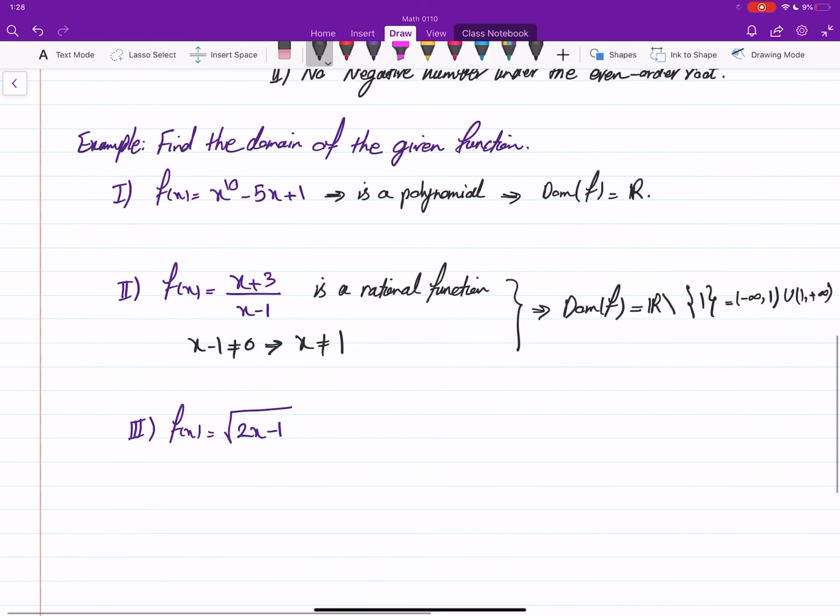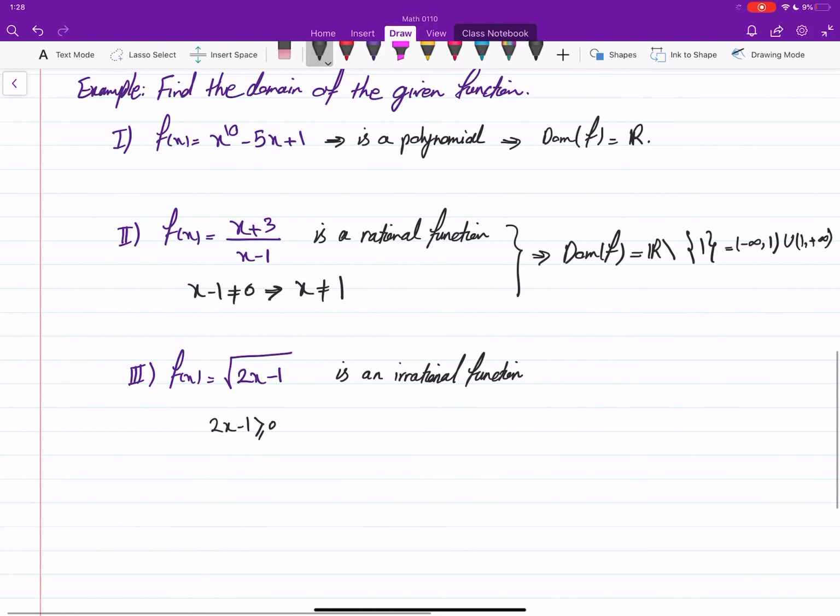The third example is an irrational function. We know that for the irrational function, we have to make sure that the expression under the root is not negative. To solve an inequality like that, to have a very consistent strategy, I would say always try to find the sign table.